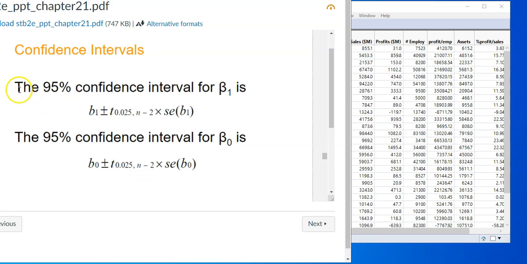So the 95% confidence interval for beta 1, the slope, right? The slope of the regression model is B1 plus or minus a t-value, from the t-distribution you learned in Stat 1 or Basic Statistics, multiplied by the standard error of B. If you want to remember this nicely and not feel confused by the numbers, it seems complicated, but it's actually not.